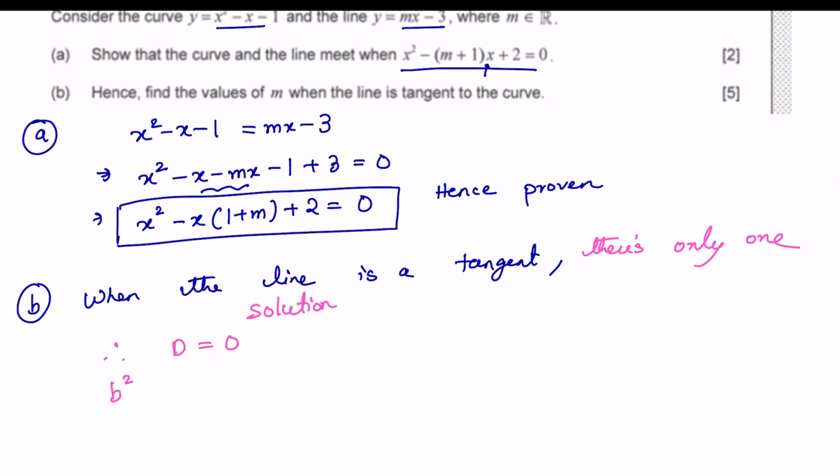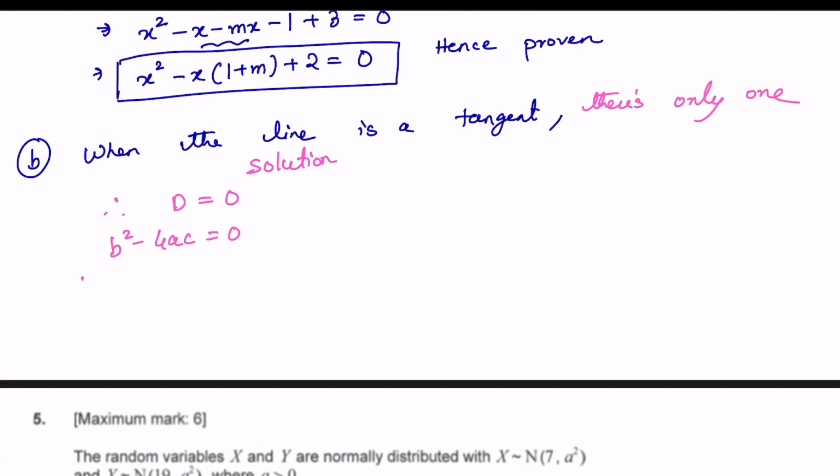Okay. b squared minus 4ac would be 0. Here, b is minus (1 plus m). Minus 4, a is 1, c is 2. So the left side, I can write it as (m plus 1) whole squared minus 8 equals 0.